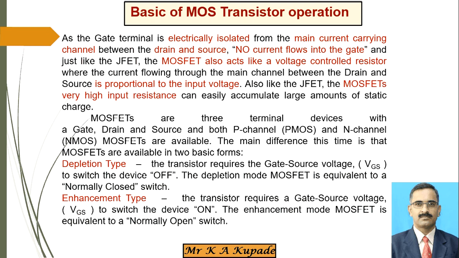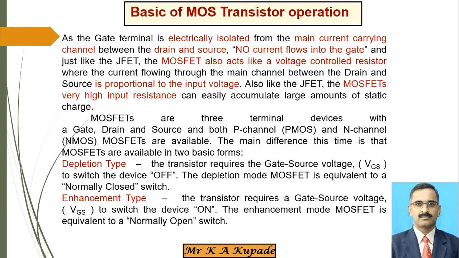Another type is the enhancement type. This requires a gate source voltage to switch the device on. The enhancement mode MOSFET is equivalent to a normally open switch. Depending on the construction and operation, the depletion type, whenever you apply the gate source voltage, has its depletion region switch the device off, and so it is called a normally closed switch.